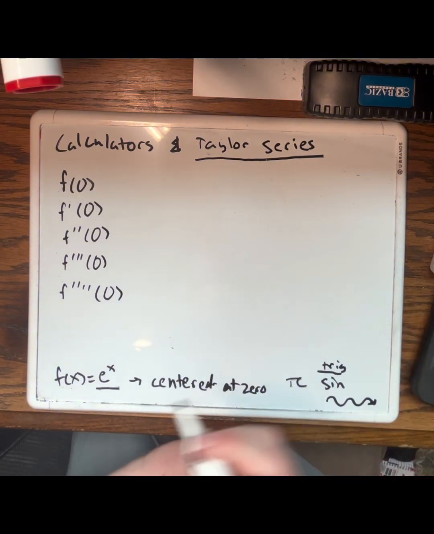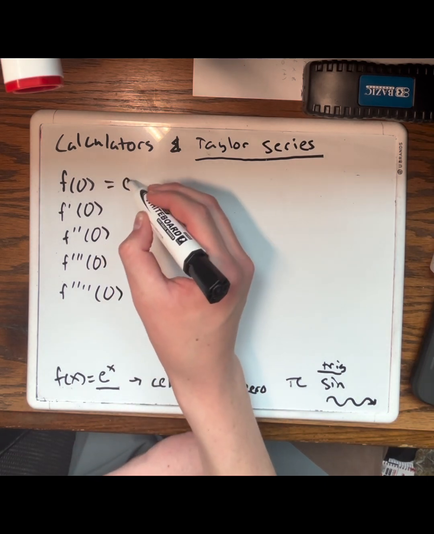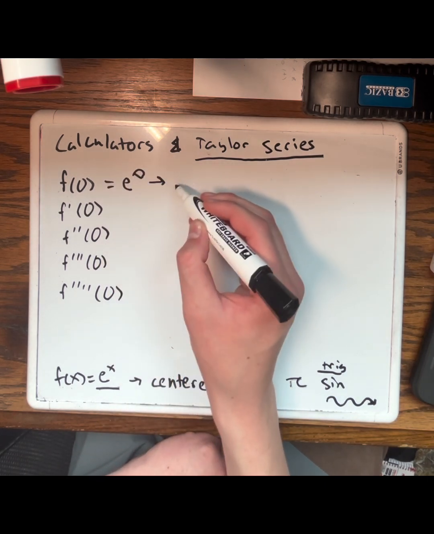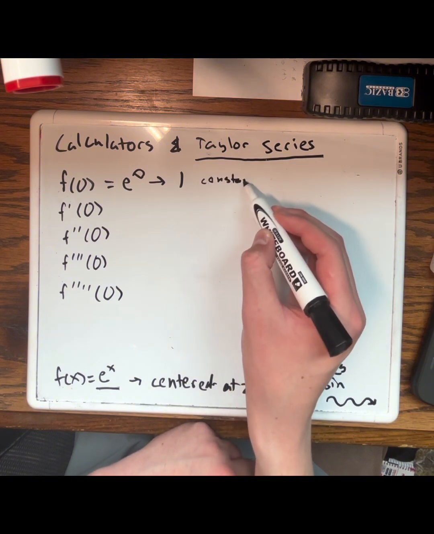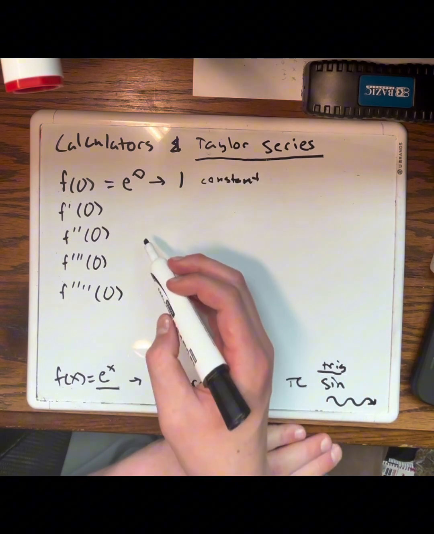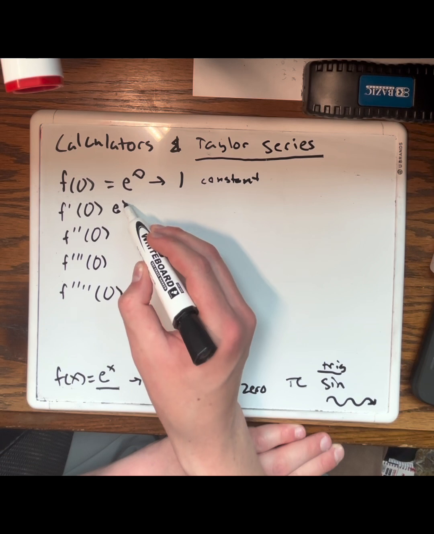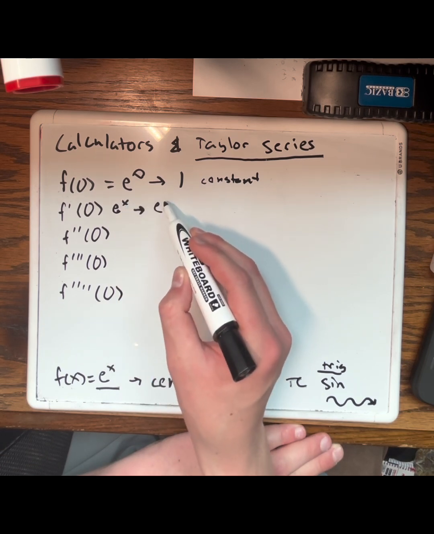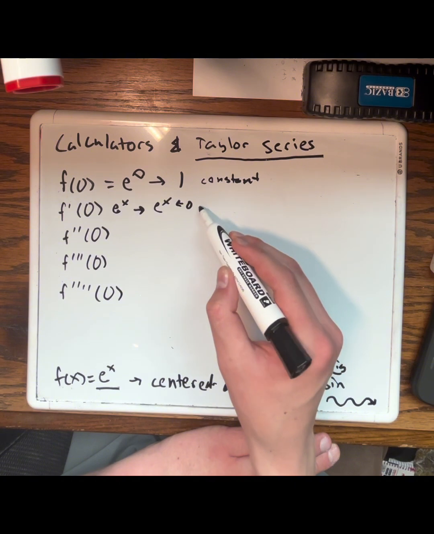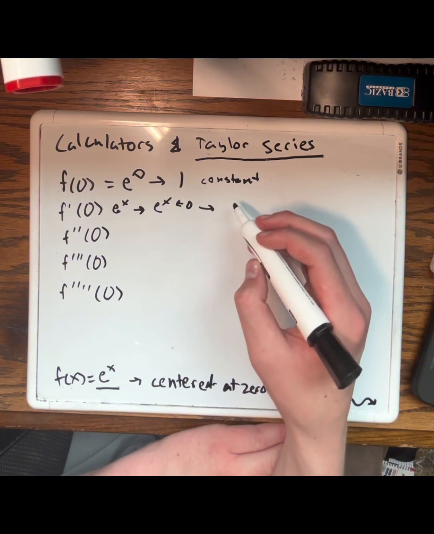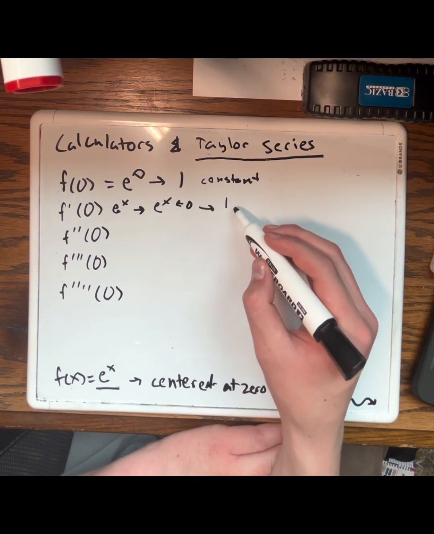So first, f of 0 is just going to be e to the 0, which is 1. This is our constant. This is a pretty easy one, because the derivative of e to the x is just e to the x. We plug in 0, which means that it ends up being 1.